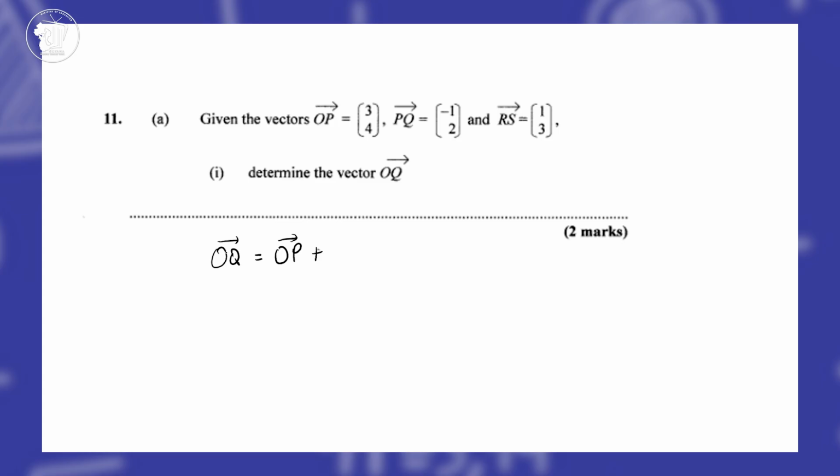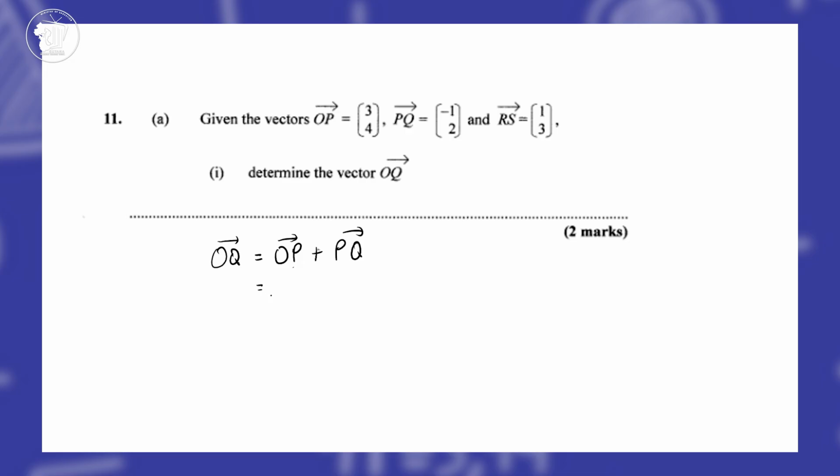So OQ is equal to OP plus PQ. And this is the big combination here. We start off with O, as we have OP, plus, now whatever point we stop at here must be the same here, and then the last point must be the point here. That is a key thing that you look for when you want to determine different kinds of vectors.